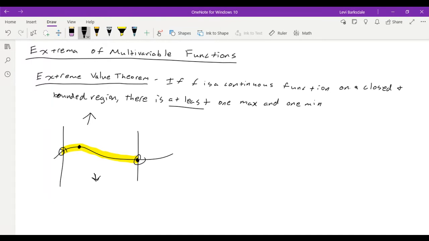You can think of it as being like the height of water in a swimming pool. There'll be little waves going around inside of it, but there's going to be a point where the water is the highest and a point where the water is at the lowest, because you know that it's a closed and bounded region with a continuous water surface.